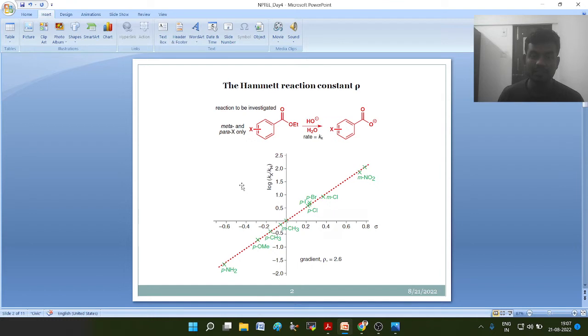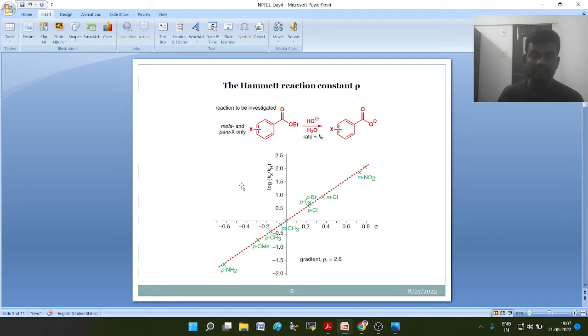And we will compare with the corresponding benzoate where, in place of X, imagine there is hydrogen. So ethyl benzoate, simple non-substituted ethyl benzoate. So that will be KH. So KX is the substituted one and KH will be the non-substituted, that is hydrogen only.